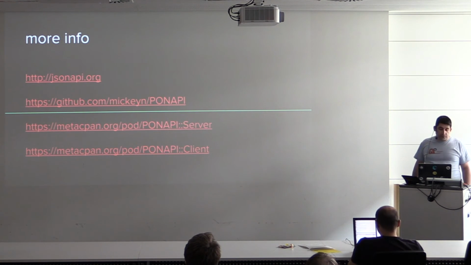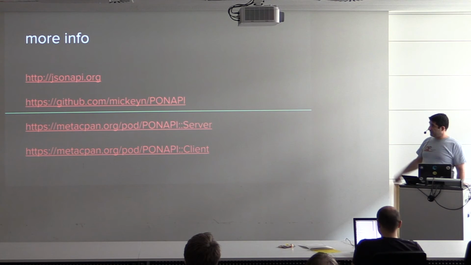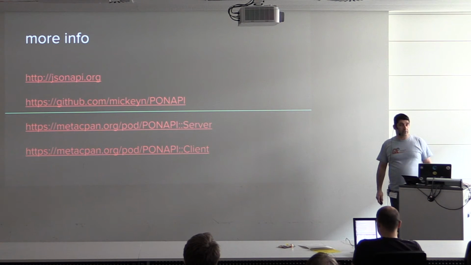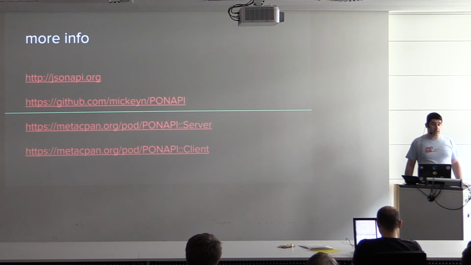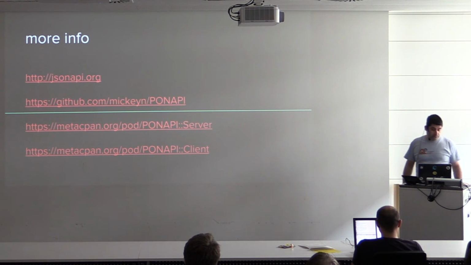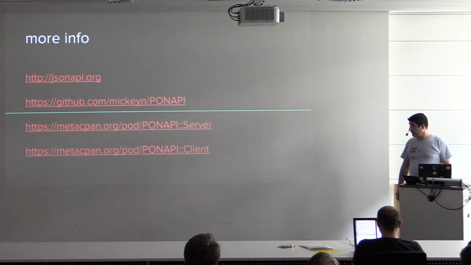Some more pointers for reading about it. The spec itself is on the JSONAPI.org website. They have a very nice forum there as well for discussion about issues and clarifications. There is my GitHub directory, where the code is, and of course the distributions on CPAN.